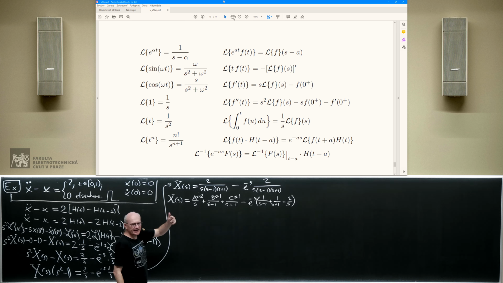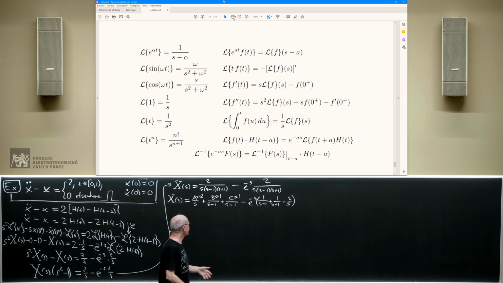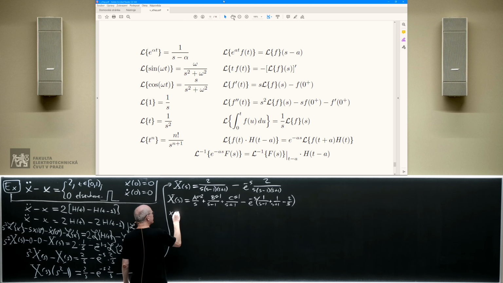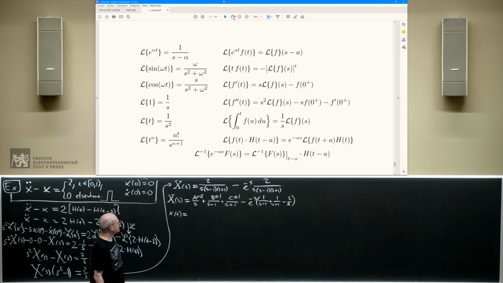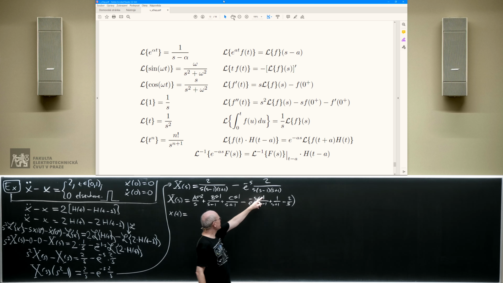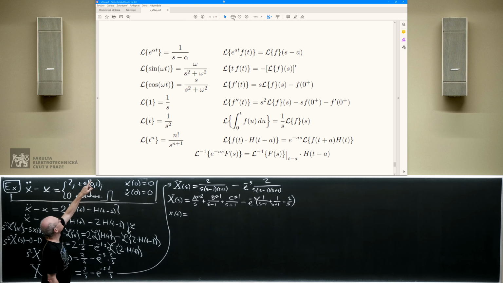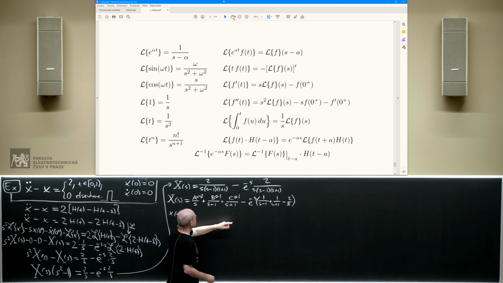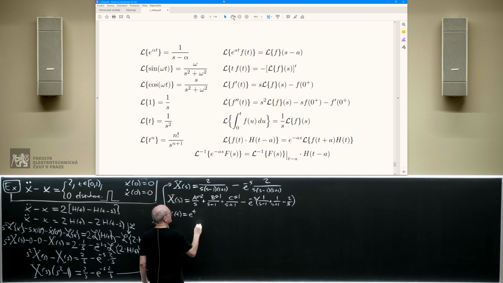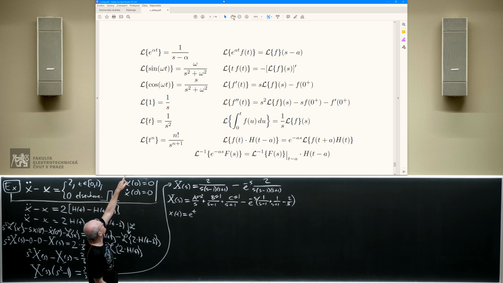And now I'm applying the inverse Laplace transform to get back to the original world of functions xt. And let's see. 1 over s minus 1. That's in my dictionary. That's the very first rule. 1 over s minus 1 is just e to t. And it's also here. This guy is the same rule, but alpha, in this case, it's negative 1.